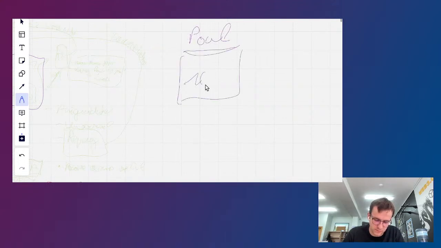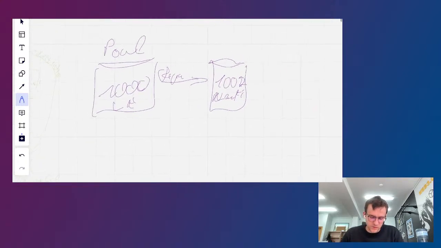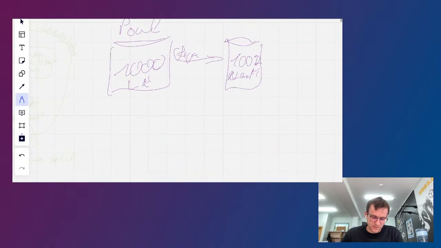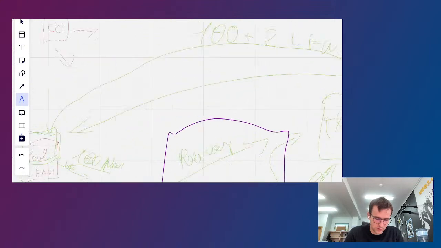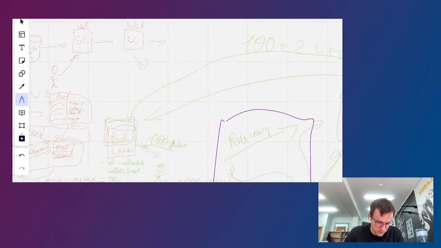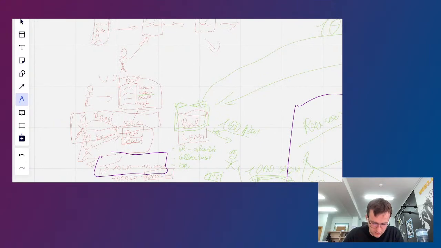The pool had, let's say, 1,000 Lenfi, and after repaying the loan, the pool has 1,002 Lenfi tokens. Which means the person who deposited funds at the very beginning deposited funds into the pool and received 10 LP tokens for 10 Lenfi.